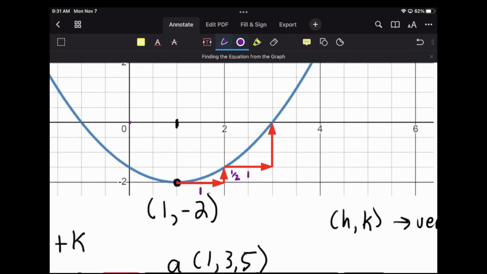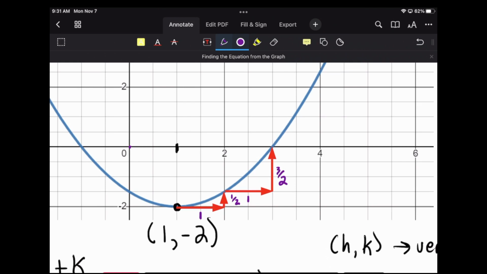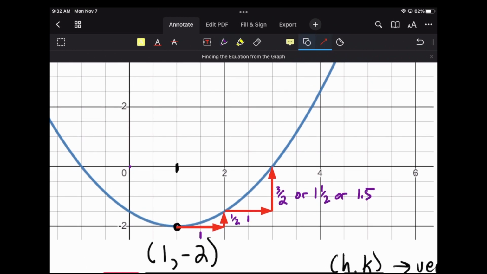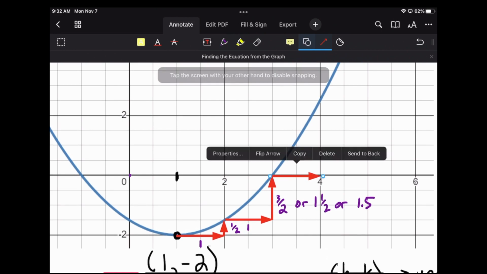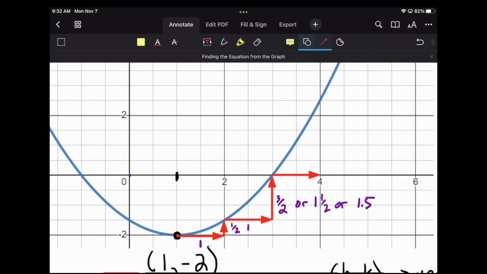And let's do this one more time. So 3 halves is 1.5. Well, I'll leave it as an improper fraction, 3 halves. If you want to think of it as 1.5, that's fine. Doesn't matter which way of representation you want to use right now. For our next step, we're once again going to go over 1, and we'll go up until we hit our curve.